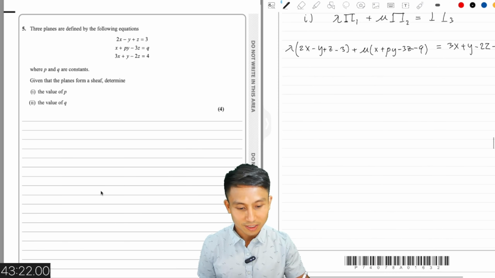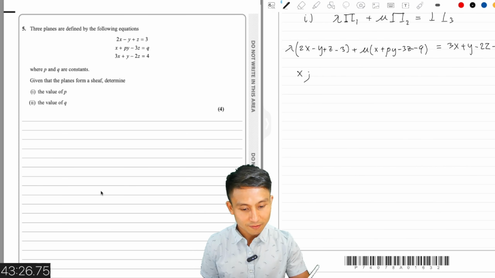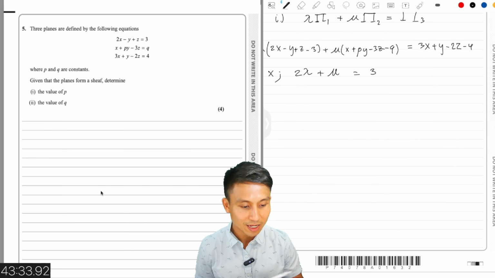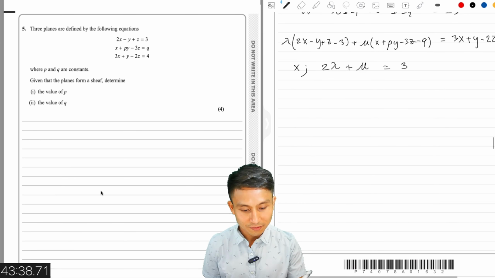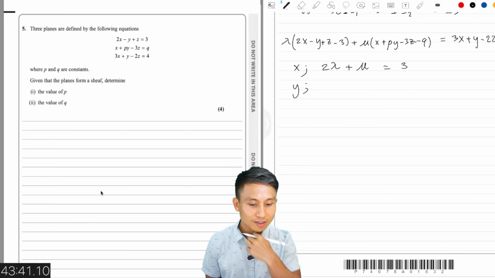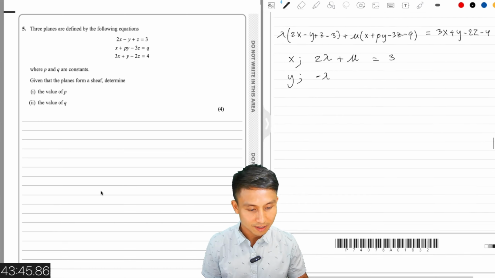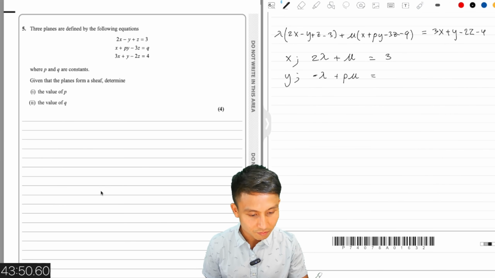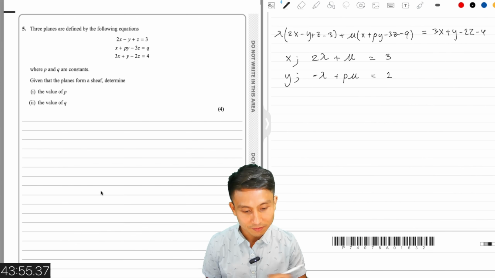And then we're going to solve these by just equating each component. So the x component, right? We have 2 lambda from the first part, mu from the second part, and 3 from the other part. That's the first equation. The y component, we get minus lambda from the first bracket, and then plus p mu from the second bracket, and then the right hand side gives you 1.